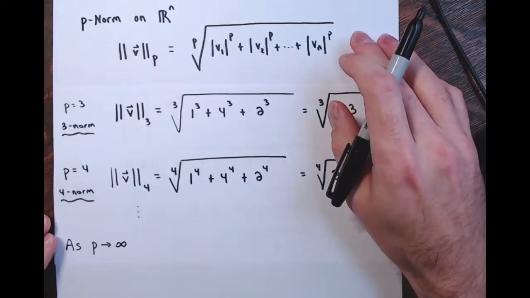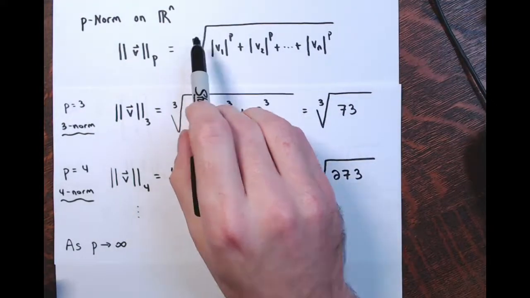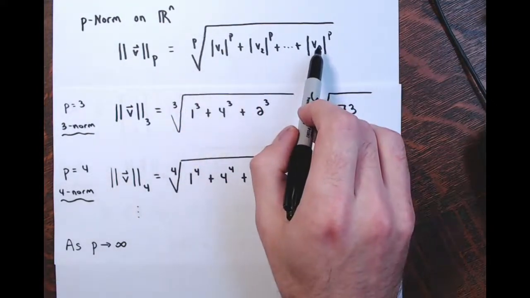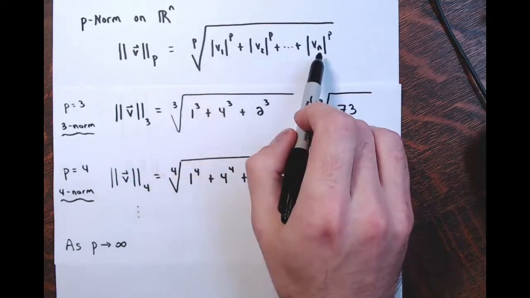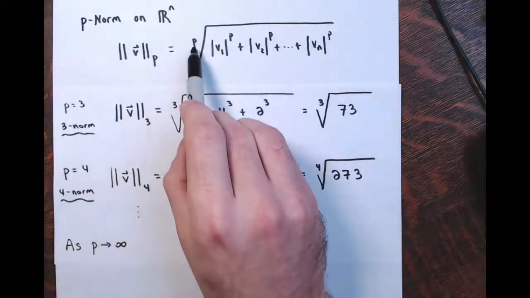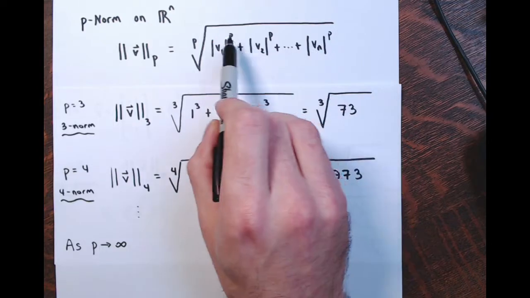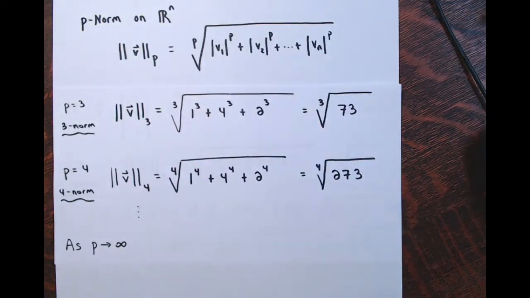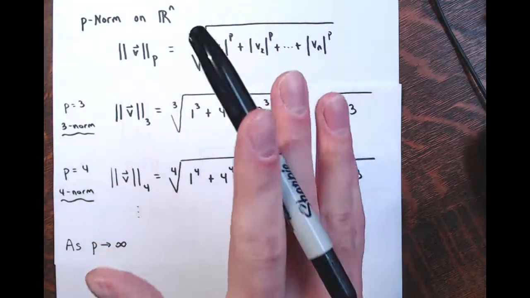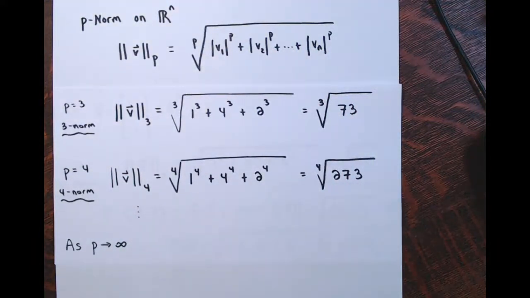Well, you take the 100th root of all the 100th powers of the positive components: make all the components positive and add up the 100th powers. You take the 1000th root of the components made positive to the 1000th power, and add them up. The millionth, the billionth, the Googleth, Graham's number. If you want to look up Graham's number, that's really, really large. Anyway.